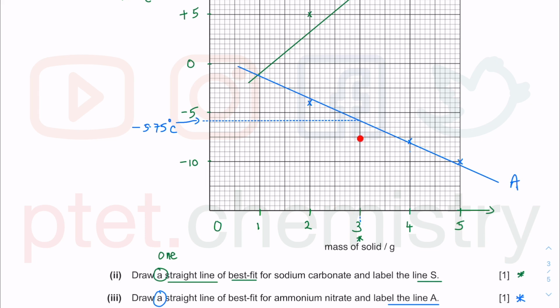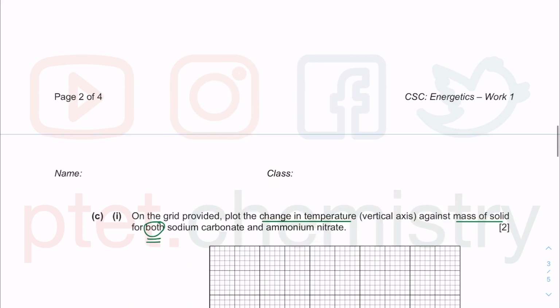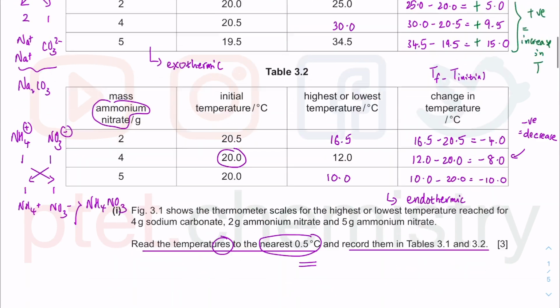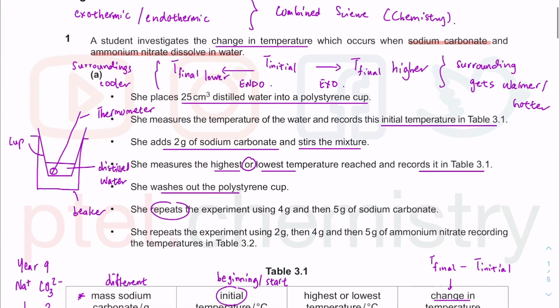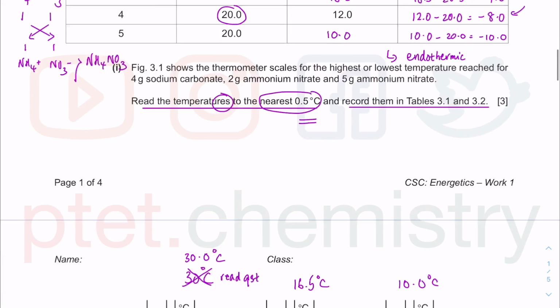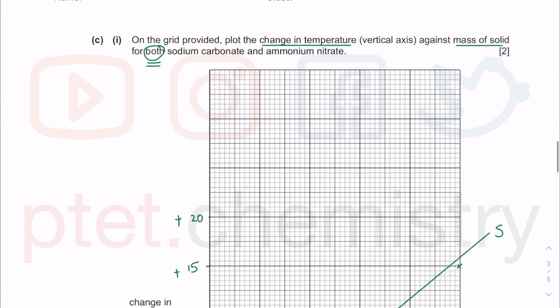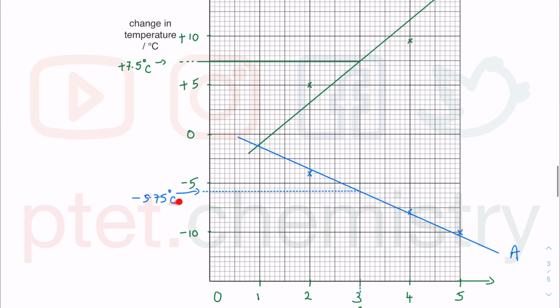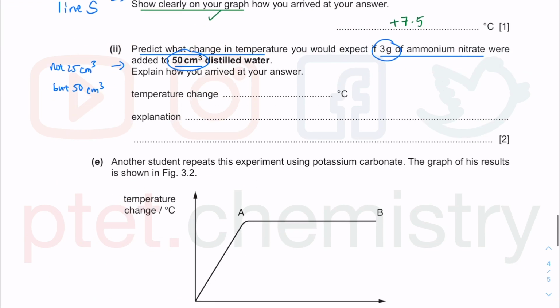Minus 5.75 is for 25 cm cube of distilled water, because that was what you used earlier. So 25 cm cube of distilled water into that polystyrene cup, and then you add 3 gram of these ammonium nitrate, you expect to get minus 5.75 degrees Celsius.